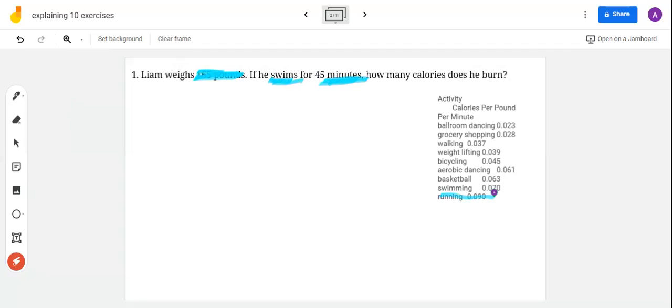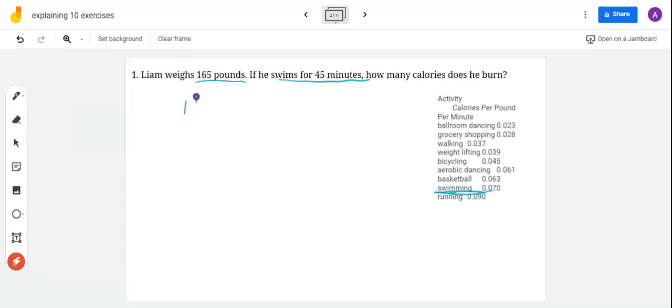So swimming is right there. So we have swimming. Swims for 45 minutes and 165 pounds, right? And keep in mind that our exercise formula is still weight times minute times scale factor.